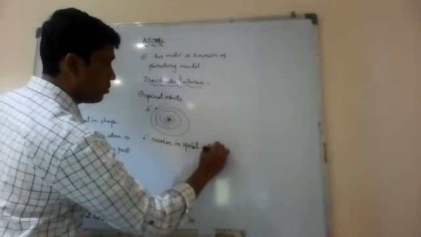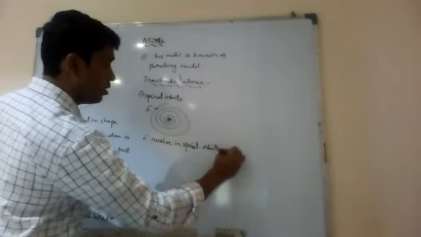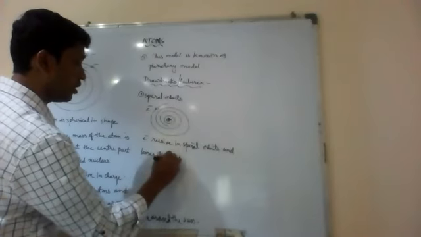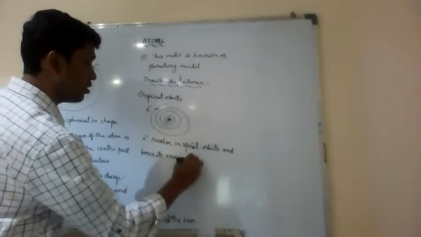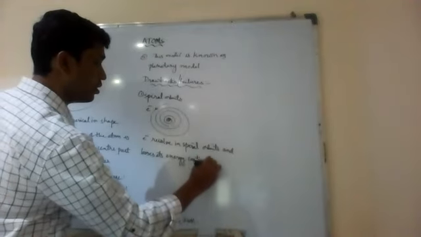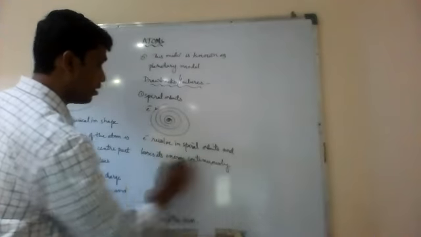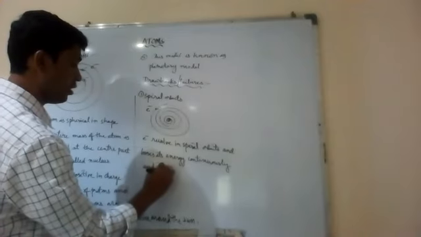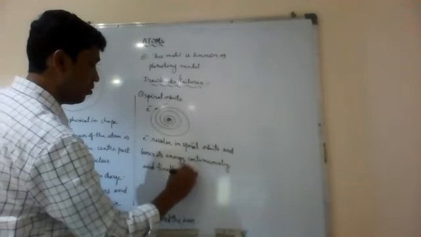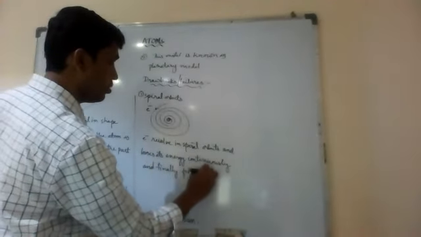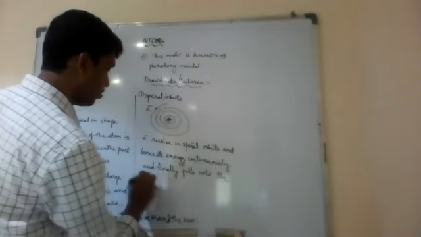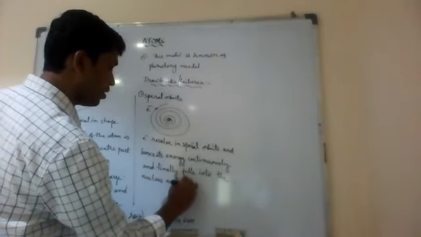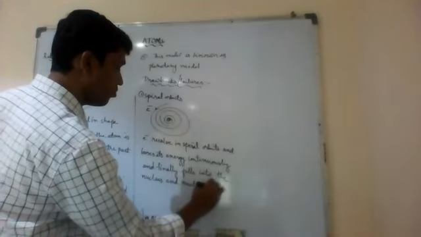Electrons revolve in spiral orbits and lose their energy continuously, and finally fall into the nucleus, and the nucleus will collapse.